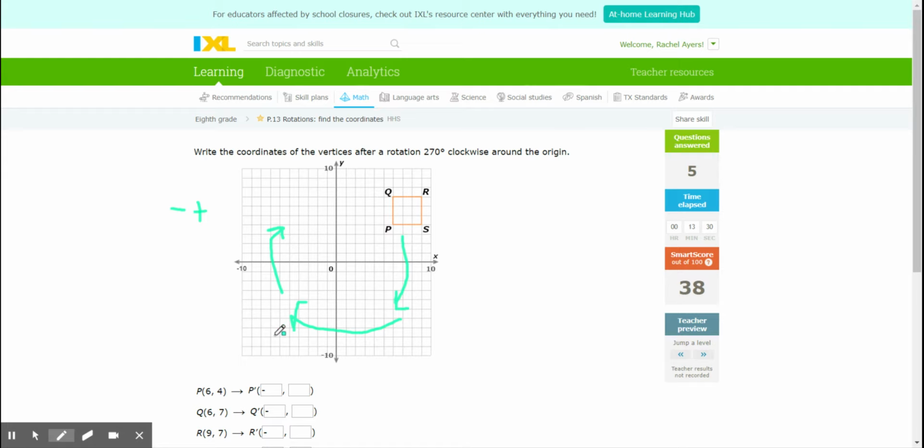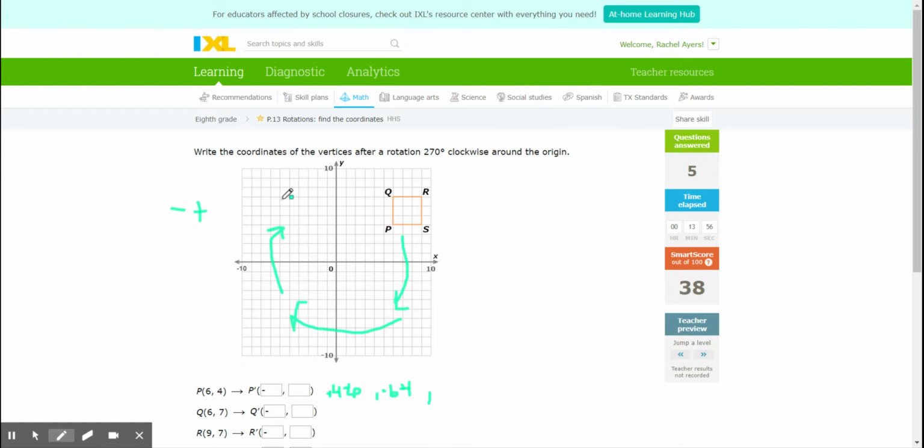So they switched. In this case, it was 6, 4. So this would have been 4, 6 as it switches 90 degrees. As it switches 180 degrees, it became 6, 4. They switch back. And again, with the signs, this would have been positive and this one would have been negative. Using this quadrant, it would have been -6, -4.